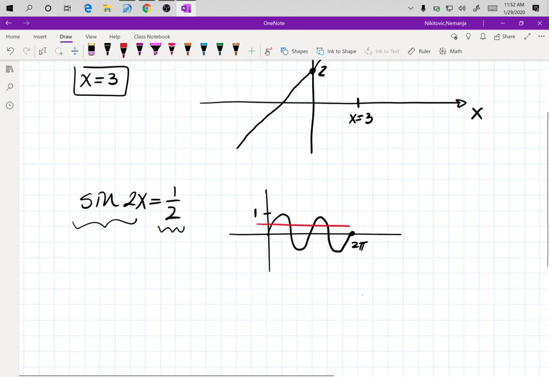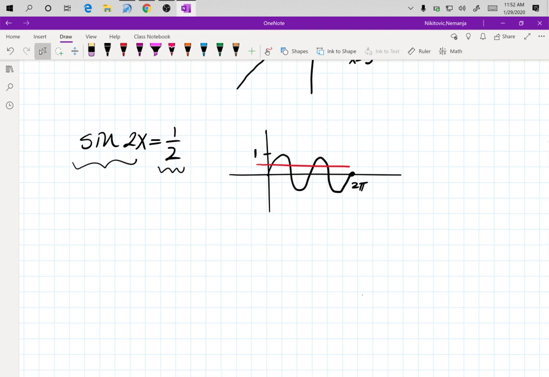The last type, before we start our lecture, is equations that you cannot solve by calculation at all. Here is an example: ln of (x plus 2), not absolute values, just x plus 2 in parentheses.